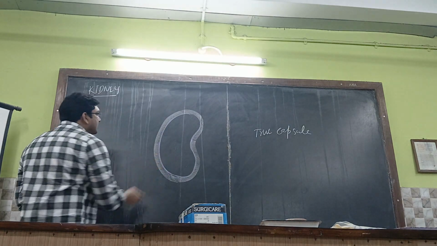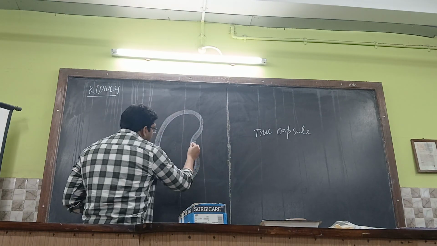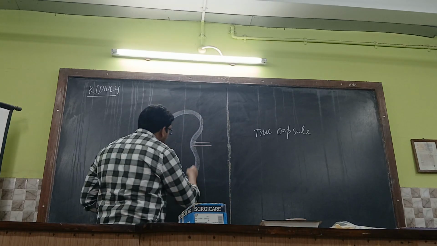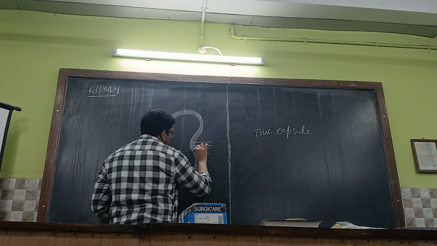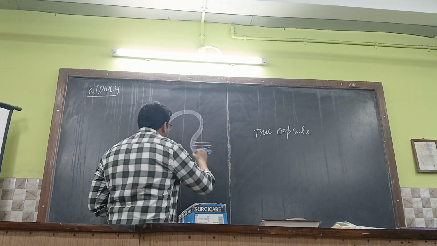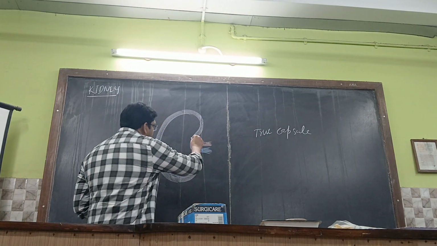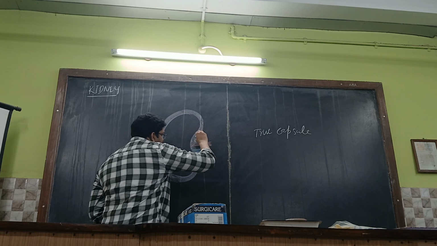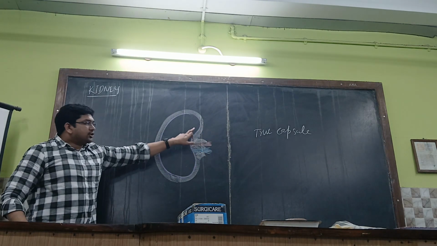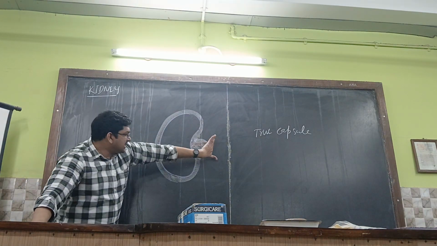Okay. In the same manner, the kidney is also surrounded by a true capsule over here. This true capsule will be encroaching over the arteries and veins also, a little bit towards the renal vessels over here till the hilum.